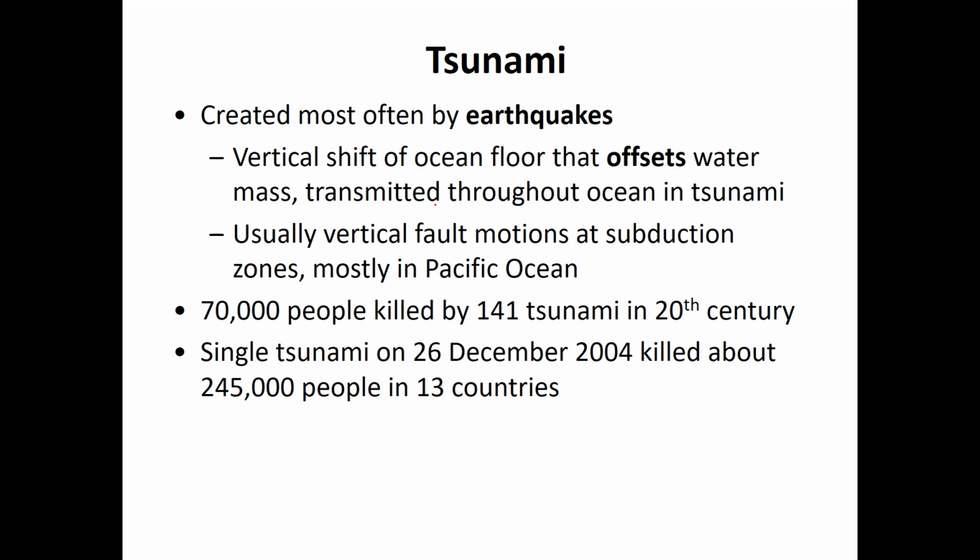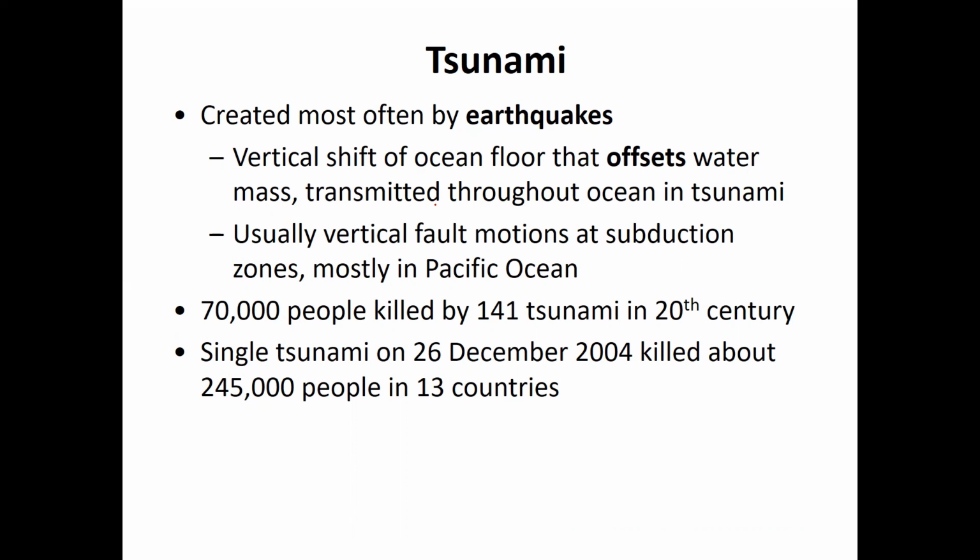An earthquake has to be one in which the slip along the fault generates a vertical offset along the ocean floor. For example, a transform fault, which is a strike-slip fault where the motion is purely horizontal as the rock slides past the rock on the other side, is not going to trigger a tsunami because there's no vertical movement.